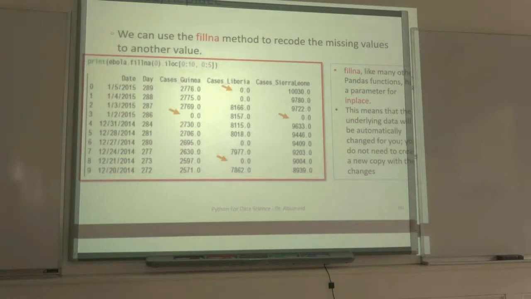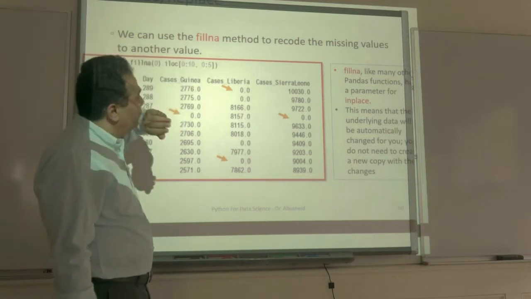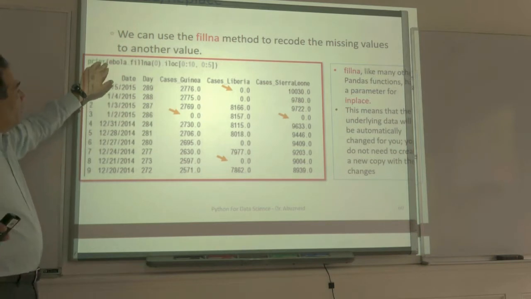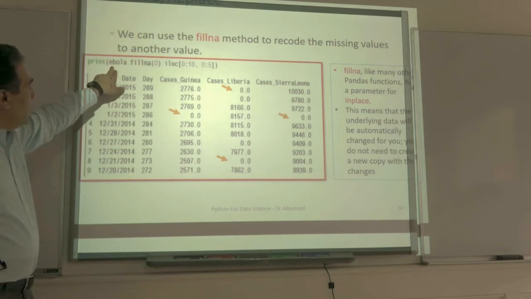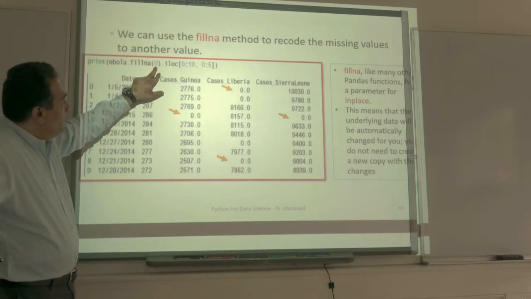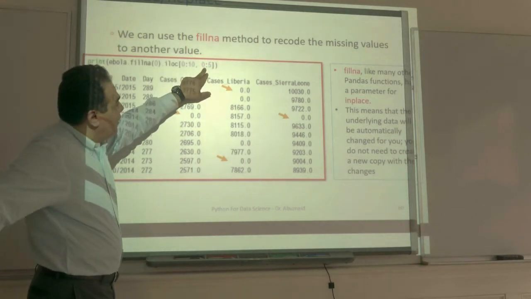To do that, there is a method, the fillna method, to record the missing value. So in here, for example, look in here. Ebola.fillna(0). That's the value, for the first 10 rows and the 5 columns.